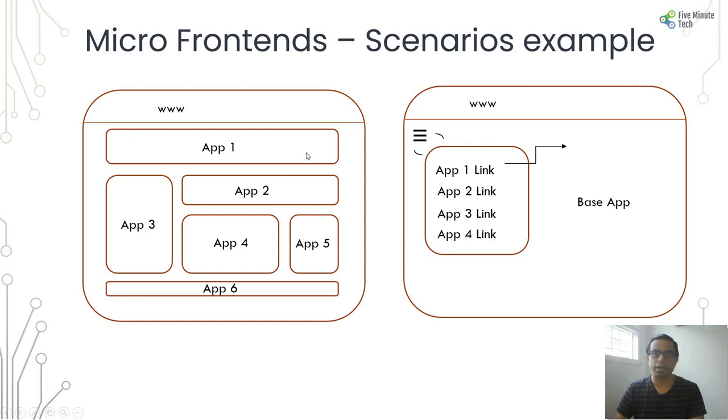There could be multiple applications you would like to have on the single screen, like what I have depicted here, app 1, app 2, maybe app 3, and other applications which could themselves be rendered independently and handled independently by different teams. A similar example would be, you have a single application, you have multiple application URLs, maybe through a hamburger menu or through an application tab, wherein different applications could be rendered. So these are some of the practical scenarios in which you would want to have a micro frontend.